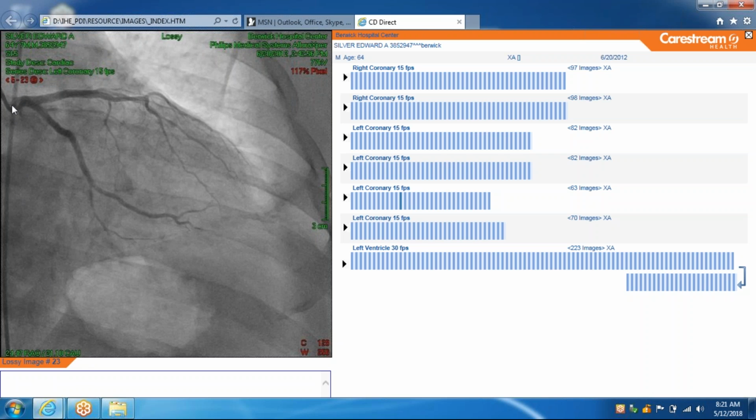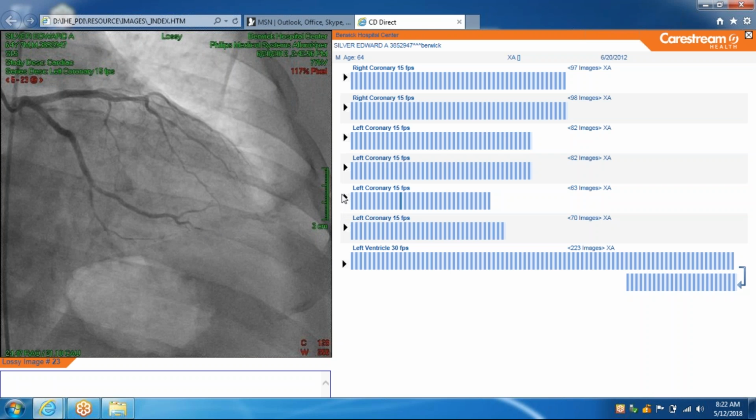Again, the left main coronary artery comes from the left coronary sinus or left cusp. The catheter is in the left main. This vessel now is the left circumflex, with your obtuse marginal branches, and then this is the LAD, which comes straight down and then loops around the apex of the heart.